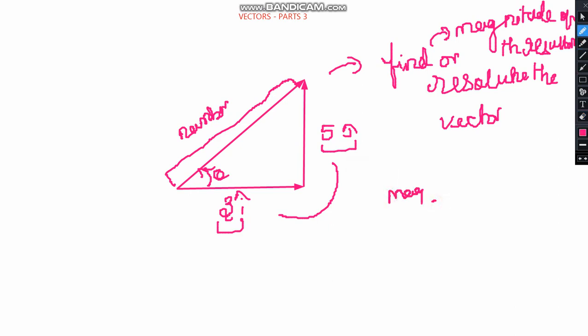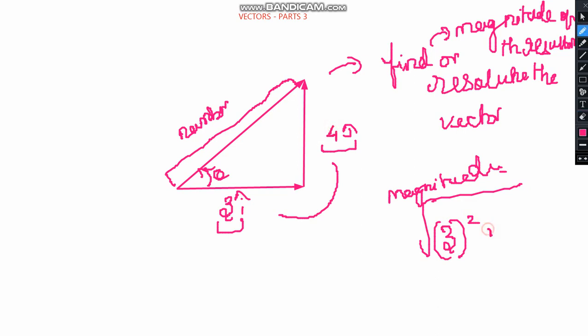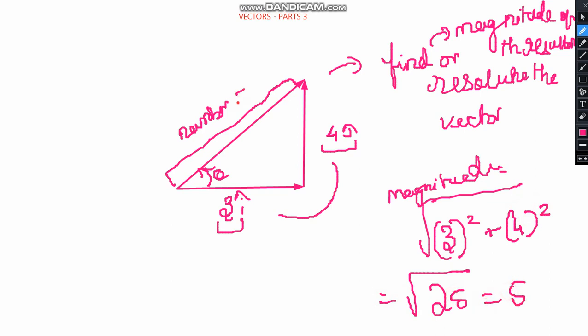The magnitude is given by the root of the x component squared plus the y component squared. For convenience, let's use 4 j cap, so 4 square plus the y component square. That's the magnitude, which is basically root of 25, which is 5. So this magnitude is 5. They are asking us to resolve from the component form to magnitude form.